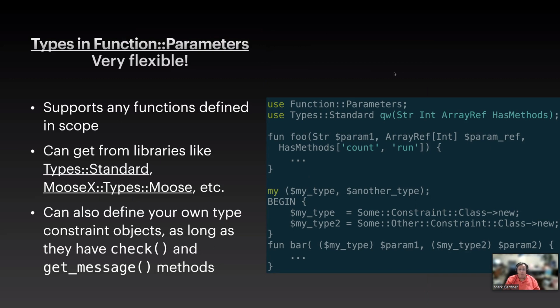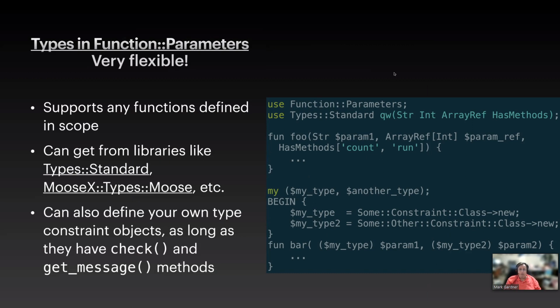Example with the bar function I have down there at the bottom, it's saying that a given type is a new constraint class. A given type 2, my type 2, is another type constraint, and you pass those as leading values to the parameters, and those become your type constraints.